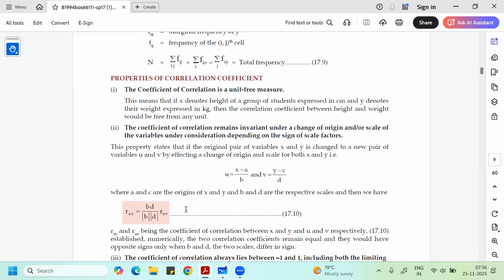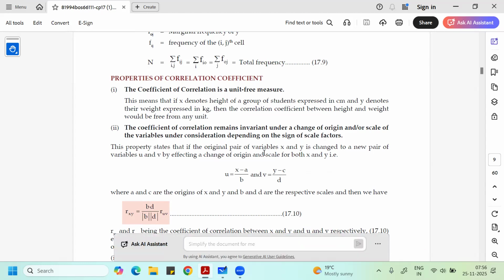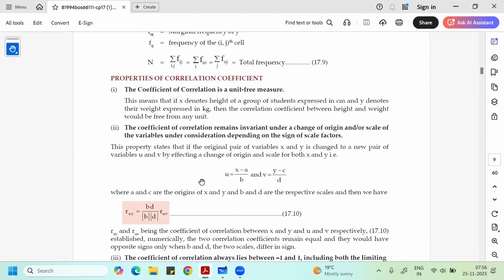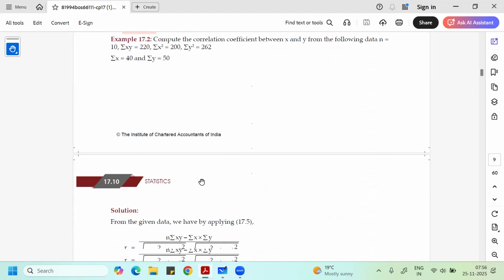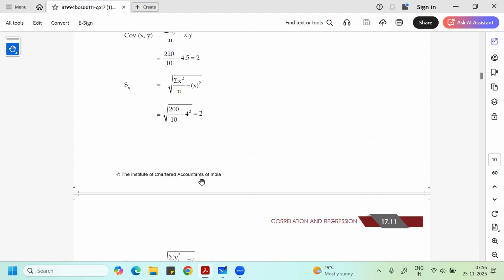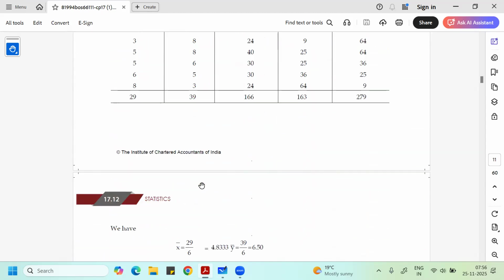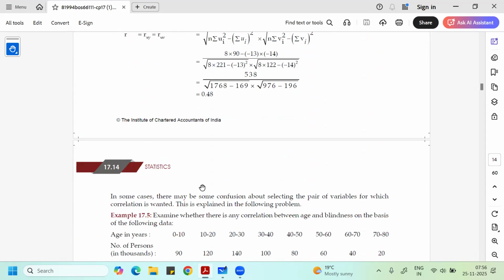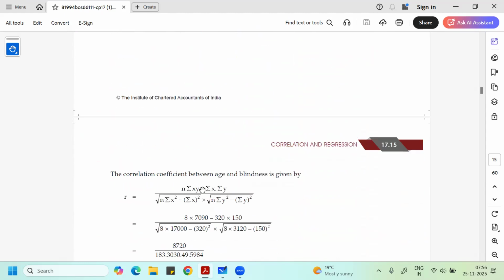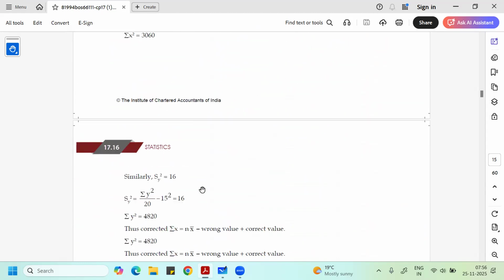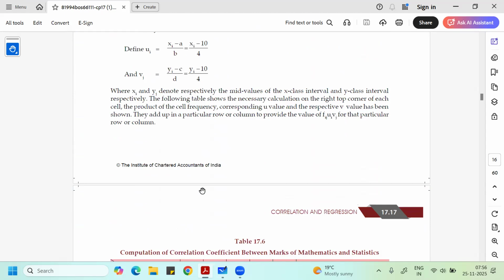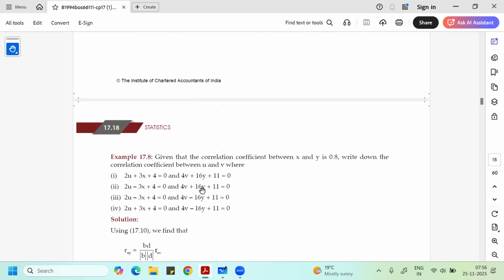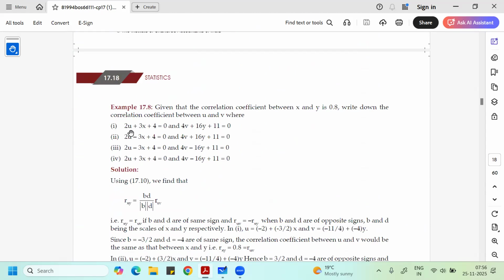If the two equations are given and both have the same sign, either positive or negative, then r of xy will be equal to r of uv. If they have opposite signs, then the answer would be different. I'll show you with an example, then you'll understand better. We have a numerical here.